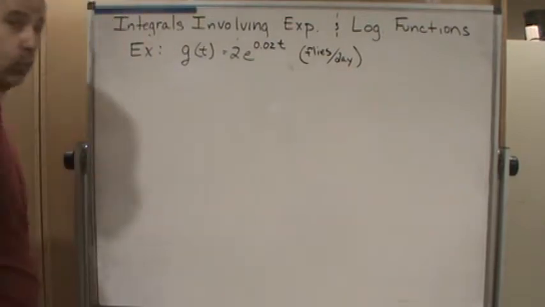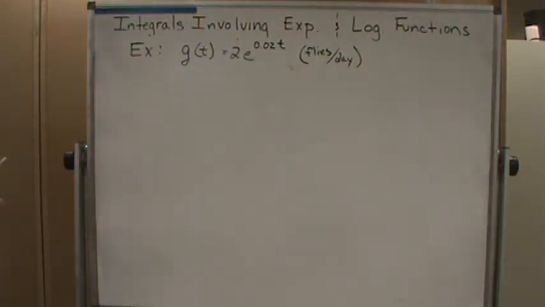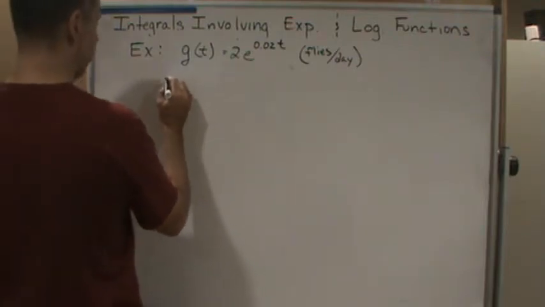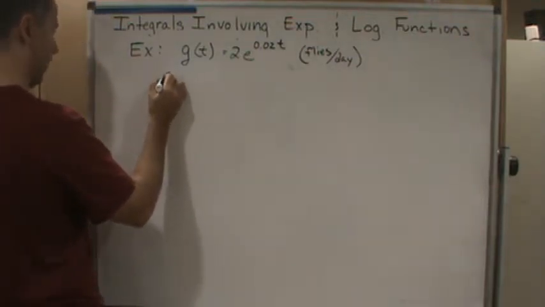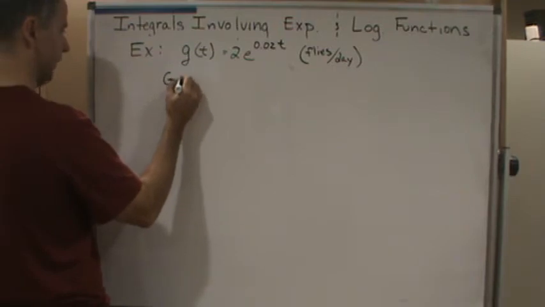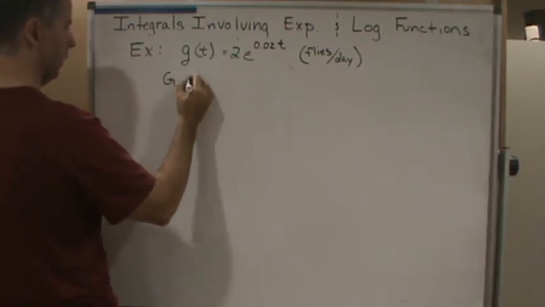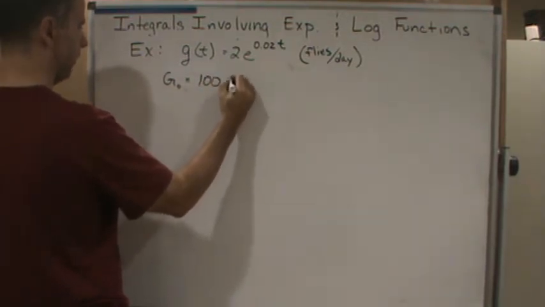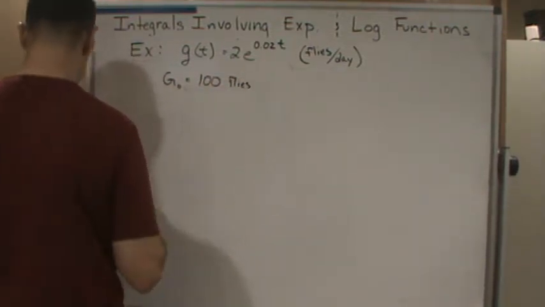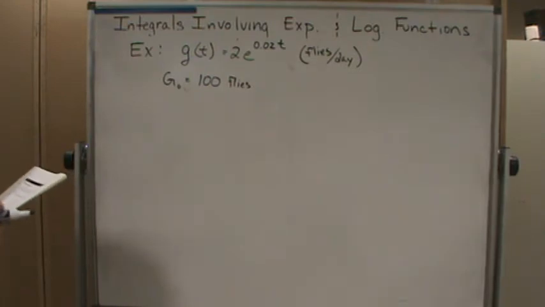So it's a rate formula. If the initial population of fruit flies is 100, so G naught is equal to 100 flies, how many flies are in the population after 10 days?